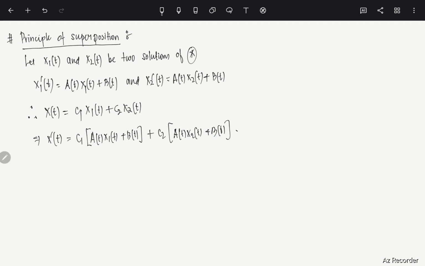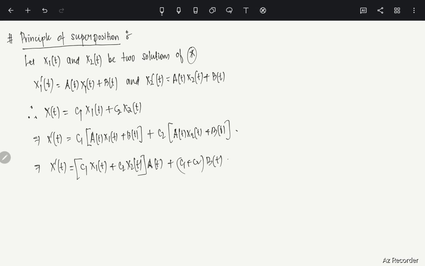Now, this is an observation here: it implies that x' is equal to (c1 x1(t) + c2 x2(t)) times A(t) plus (c1 + c2) times b(t).